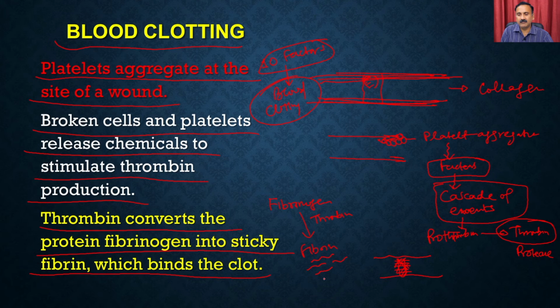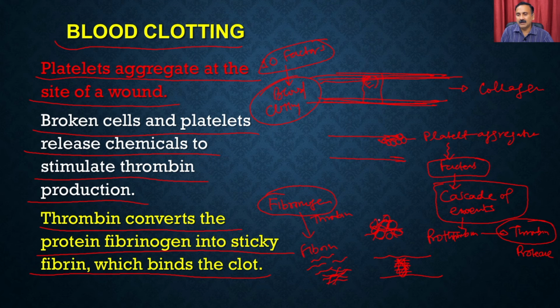Until these molecules are present as fibrinogen, they are not going to form a mesh, but when they form fibrin, it is going to make the mesh, and in this mesh there will be an entanglement of the RBCs. The RBCs are trying to come out, right.